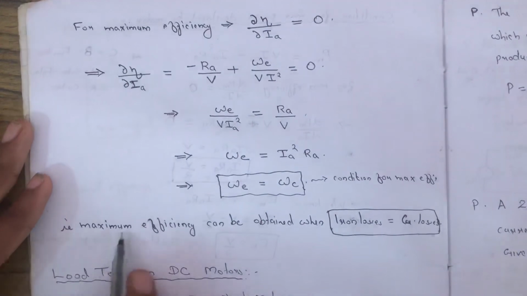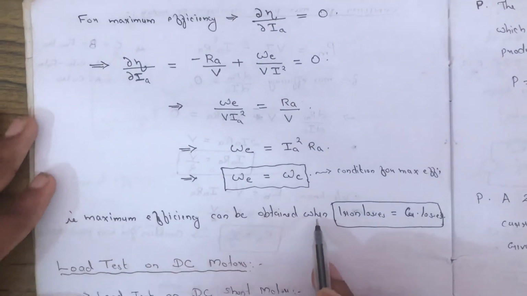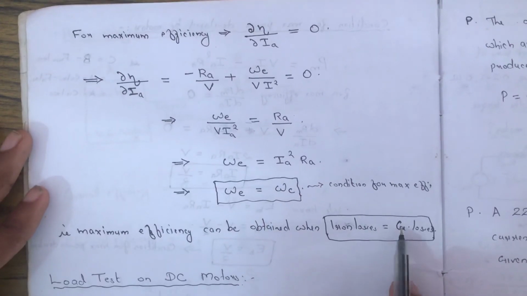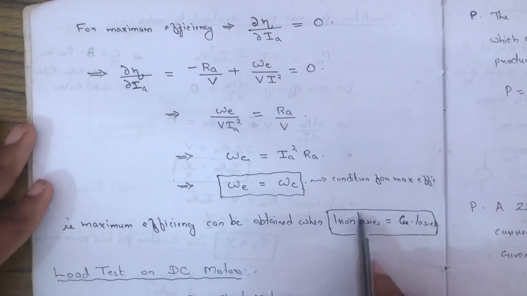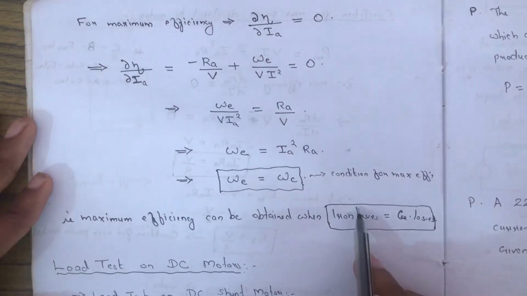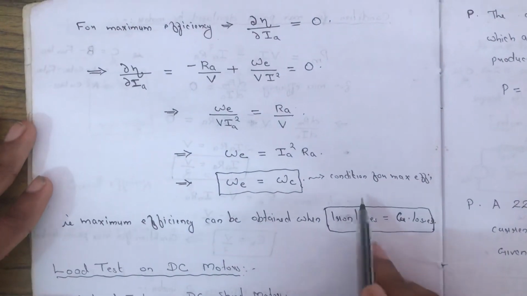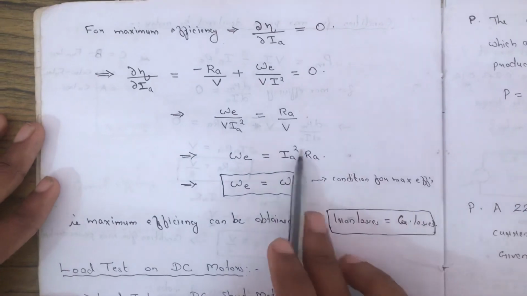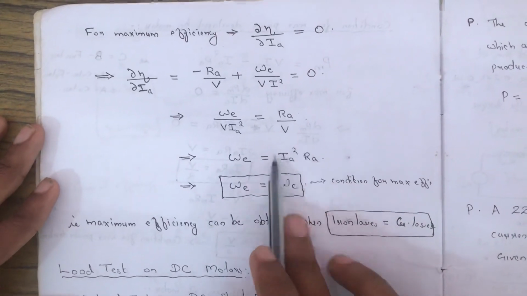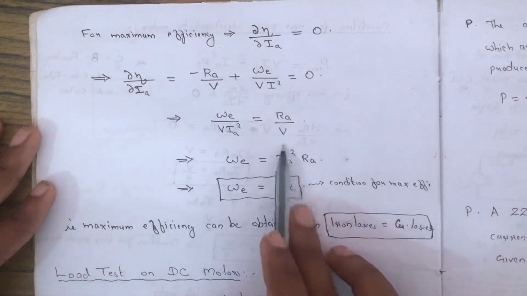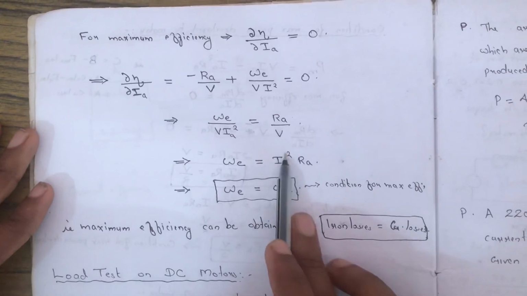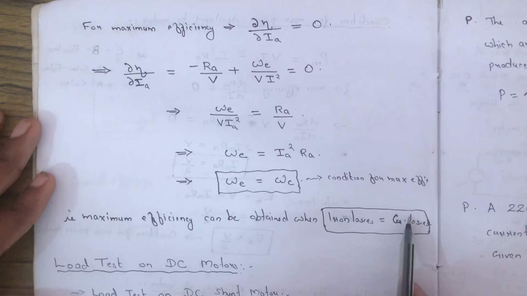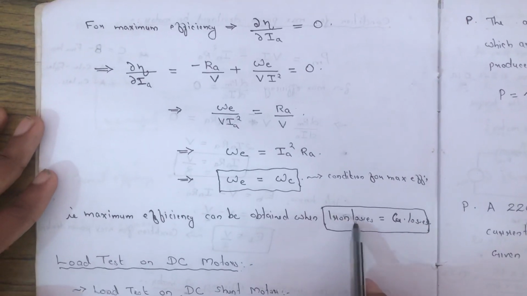So the maximum efficiency of the motor is obtained when the iron losses become equal to the copper losses. The iron loss of the machine is a constant value because it depends upon the type of material. Copper loss is due to I square R_A, and it depends upon the load, that is, the current flowing through the conductors. So it is a variable loss and iron loss is a constant loss.